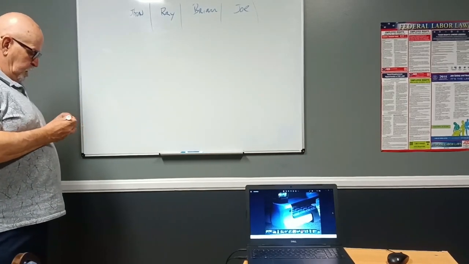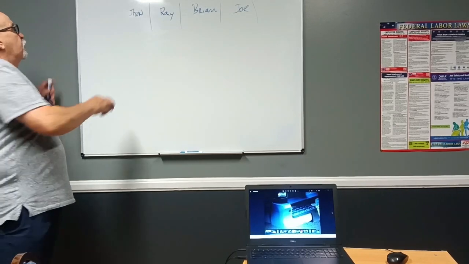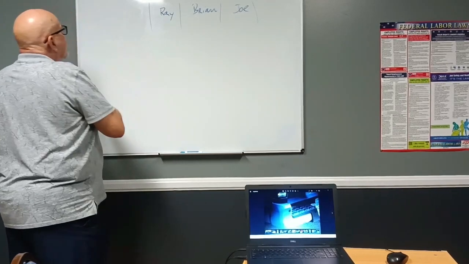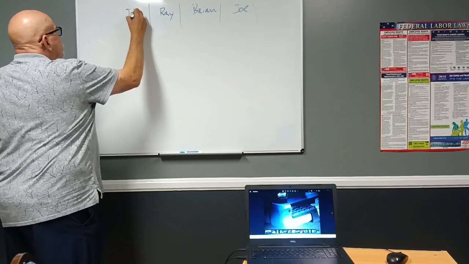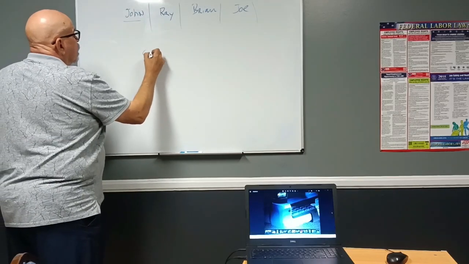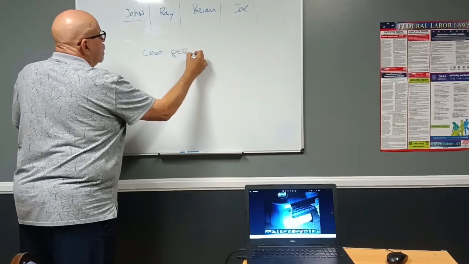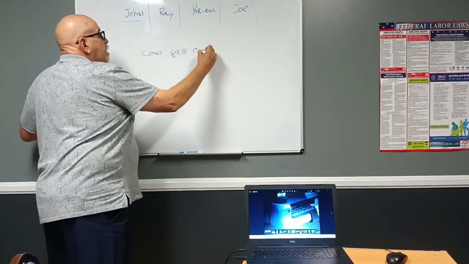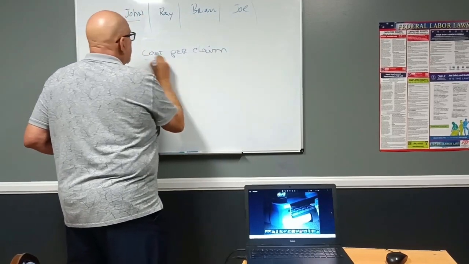So, you think that the insurance company is not going to grade them? Yeah, they have a way of grading them. Okay. And that is called the cost per claim. Cost per claim.